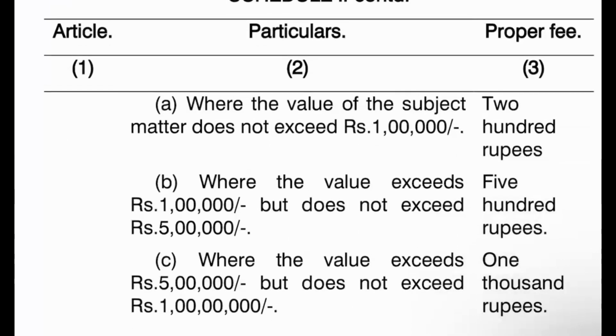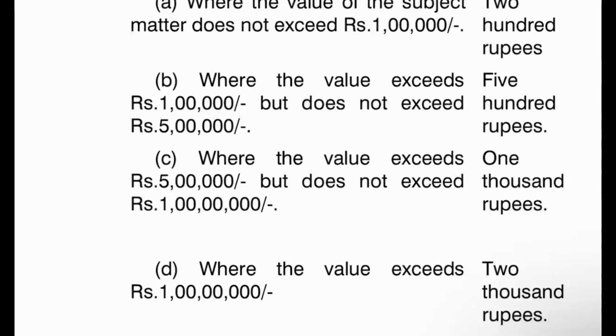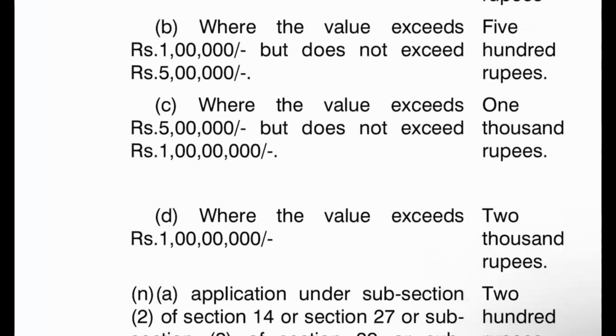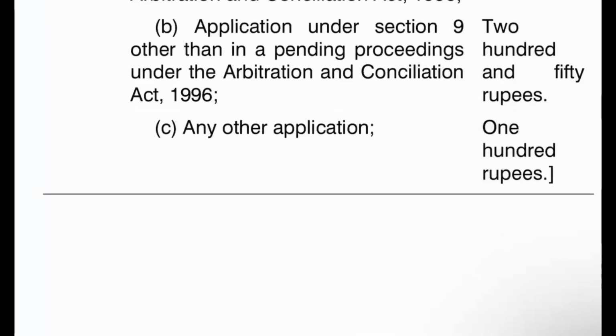If the amount falls between 1 lakh and 5 lakhs, then we pay 500 rupees as court fee. Where the value is between 5 lakhs and 1 crore, we pay 1000 rupees. Where the value exceeds 1 crore, we pay 2000 rupees. Like that, we have a valuation.